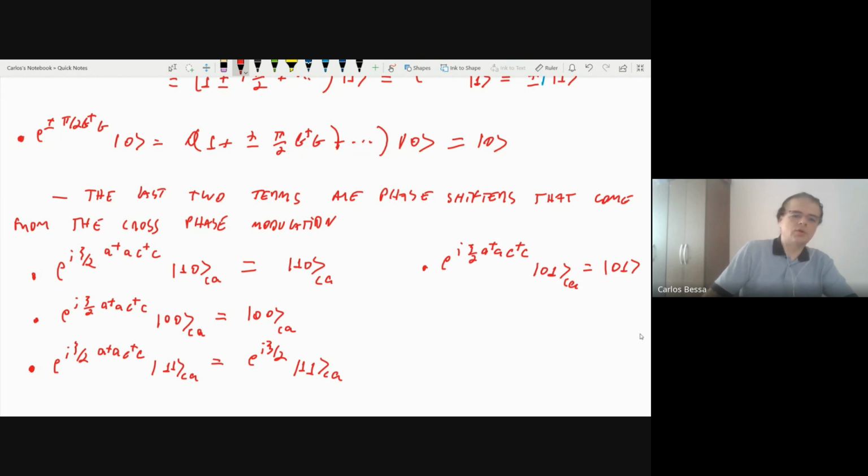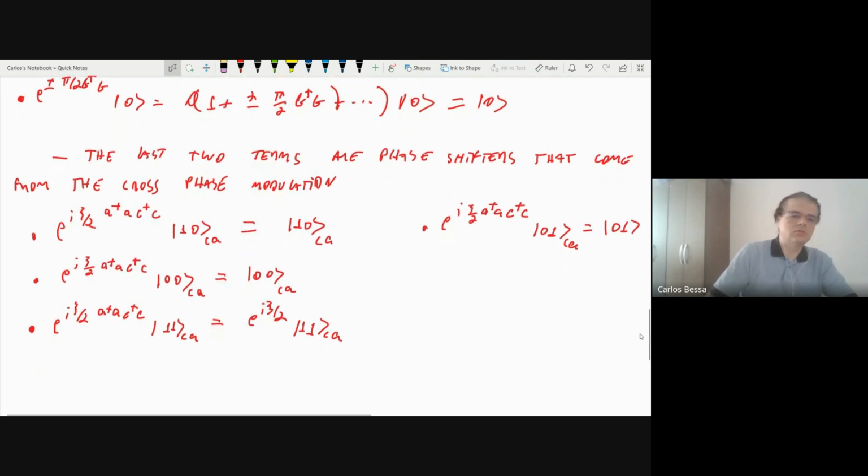And the same when we have the mode B instead of A. The same for mode B. That's this term here: exponential i psi over 2, B dagger B, C dagger C. When applied to all these things, it will be the same thing. 1, 1, 0, and now it's B A. Oh, sorry, C B. Our convention is C B. So this is 1, 0, and the same thing for the others.